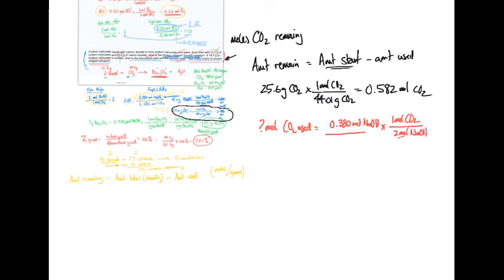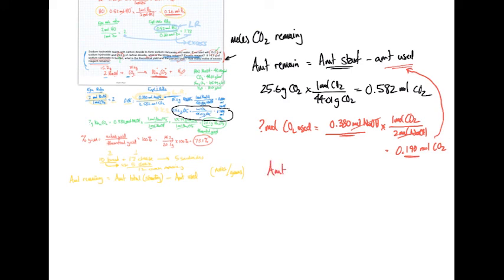In other words, every 2 moles of NaOH that gets used up, 1 mole of CO2 gets used up. And that is going to equal 0.190 moles CO2. That is the amount that got used. Okay? I used up 0.38 moles of sodium hydroxide, and that also used up 0.19 moles of CO2.